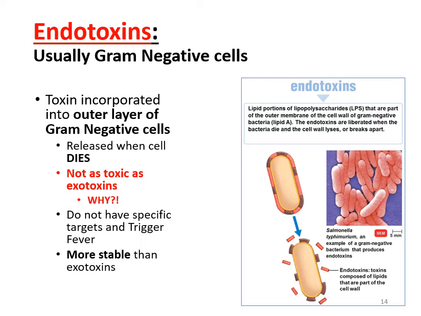That makes sense since we just said that they trigger fever, so it makes sense that they're able to withstand the heat. It's basically because these are usually lipopolysaccharides, whereas exotoxins are soluble proteins that can end up denaturing. Okay? So the last thing I want to show you is when we say trigger fever, this is what we actually mean.